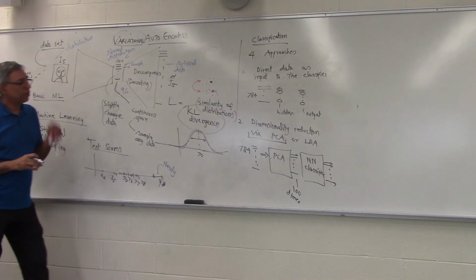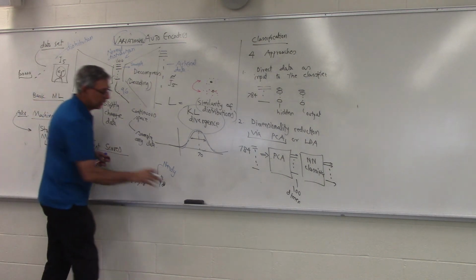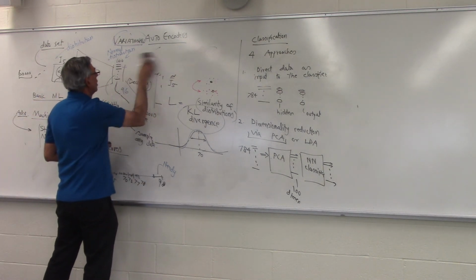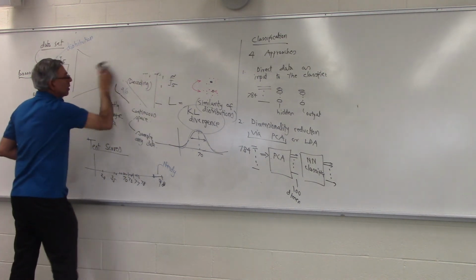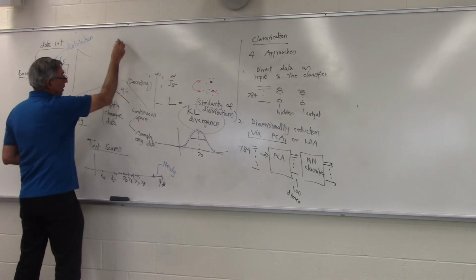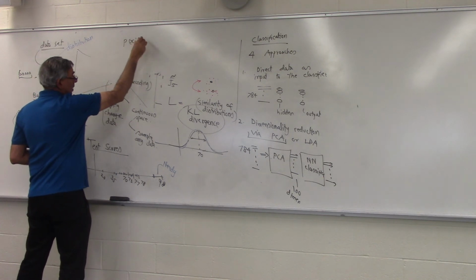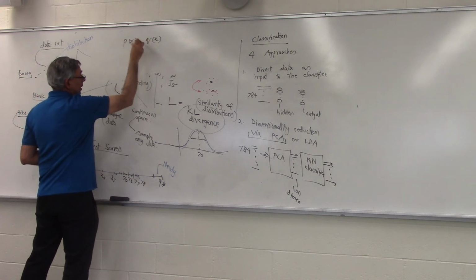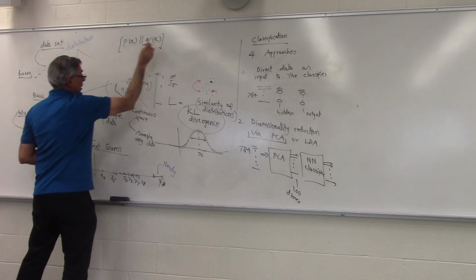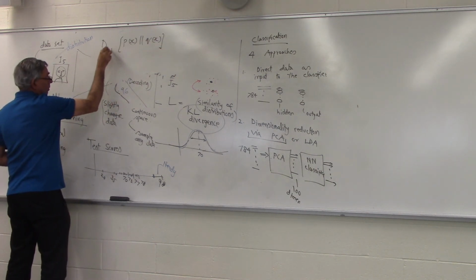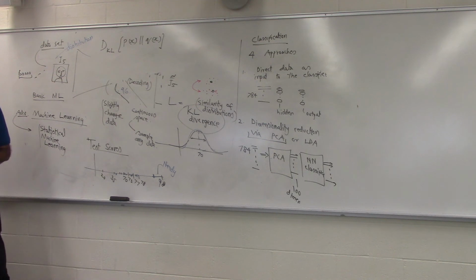The formula looks something like this. Suppose we have some distribution P of x, some distribution Q of x. We indicate the similarity through, again, a distance measure. So the answer will be a scalar, exactly like a distance, like a number.